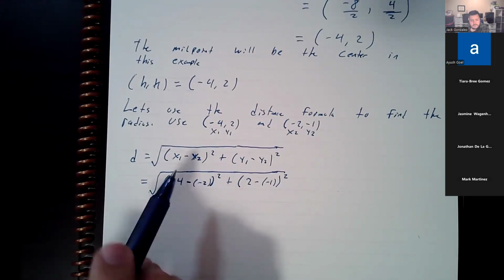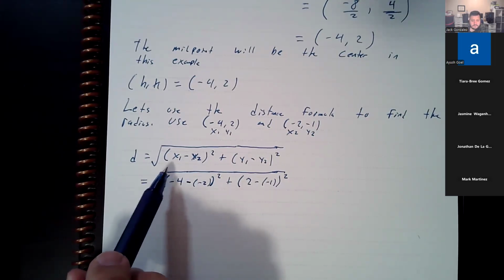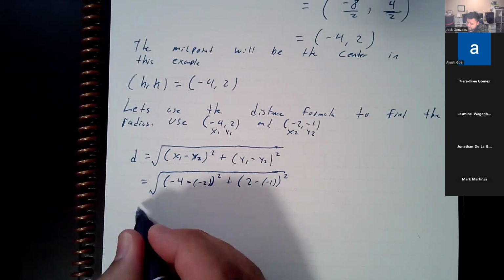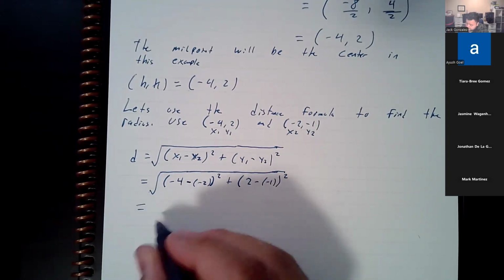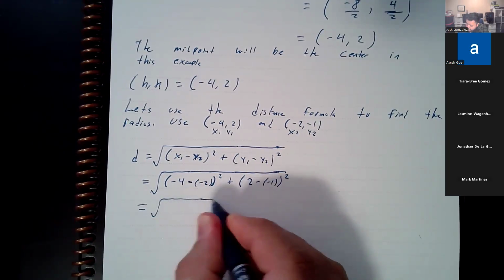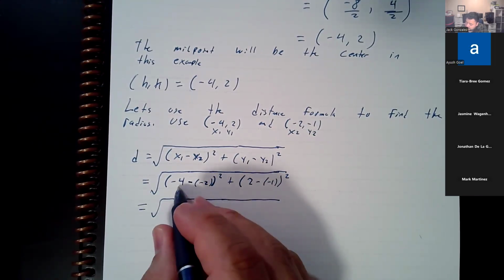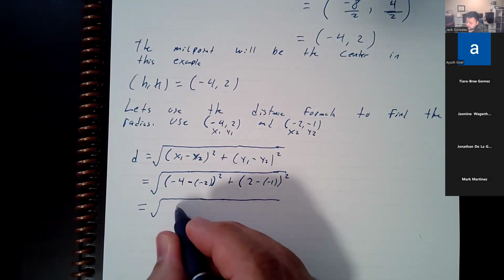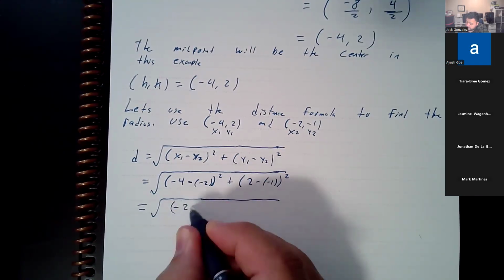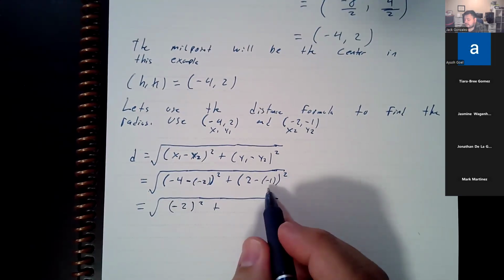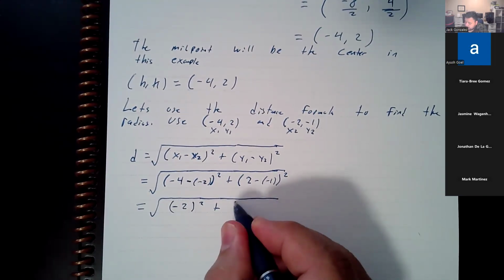Now, I think the distance formula had x2 minus x1, but if you're consistent with both of them, it'll still work because I'm going to square it. So that'll be negative 4 plus 2, so that's negative 2. 2 minus negative 1, that's plus 1, that's 3.